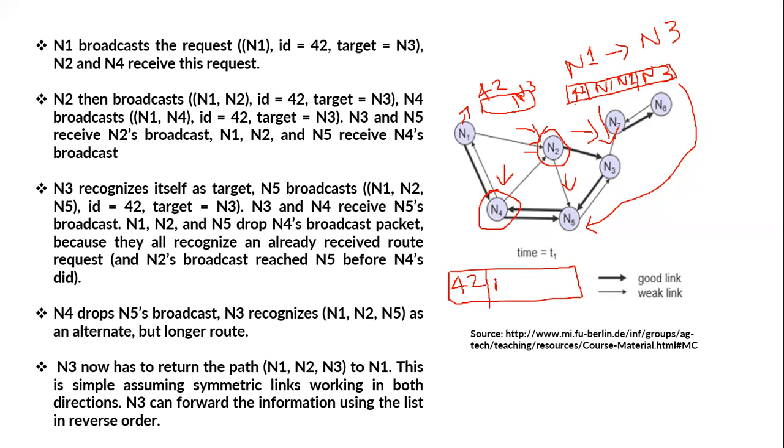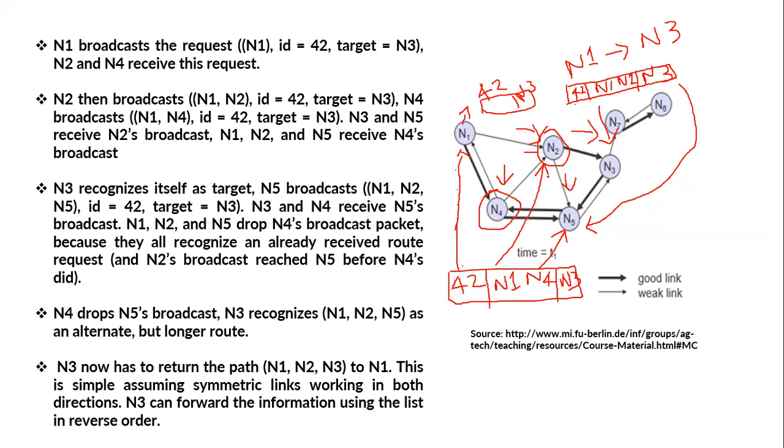The path traversed is N1 and N4, and the destination is always N3 only. So this packet will go to N5, it will go to N1, and also this packet will go to N2.